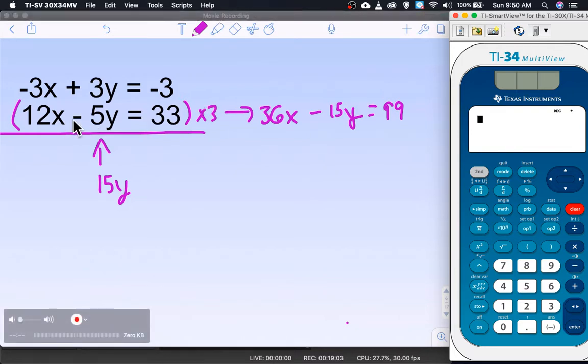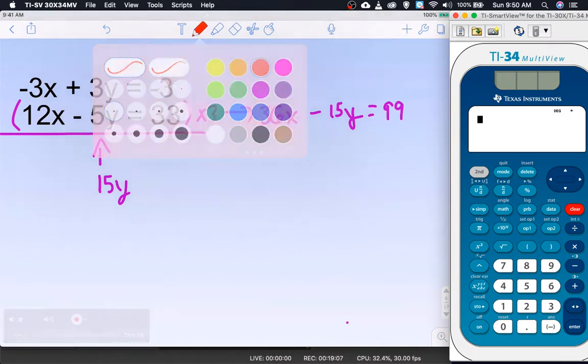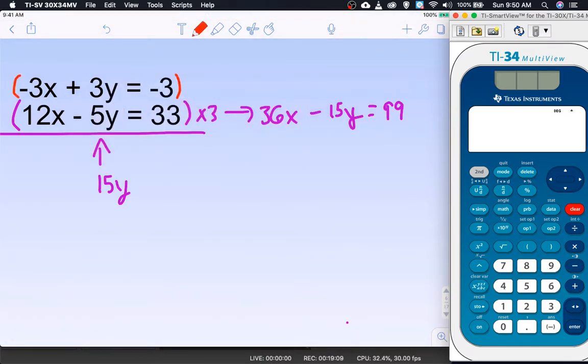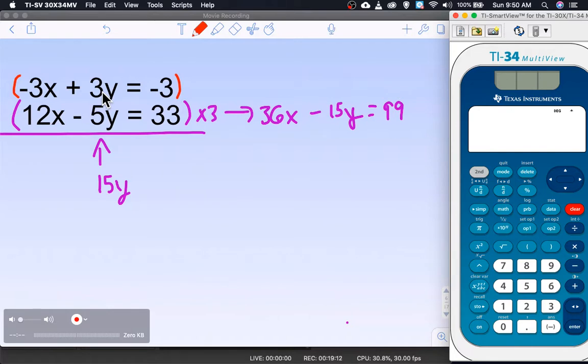So I multiplied every single piece by 3. Up top, to make this 3y become a 15y, I'm going to multiply the entire equation by 5, because 3 times 5 is 15.